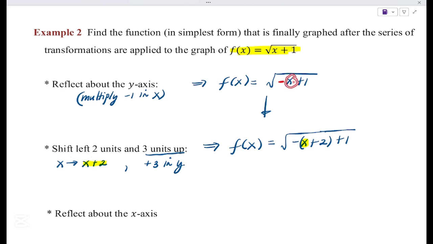We replace this x with x plus 2, and then this is the function y, so we add 3.